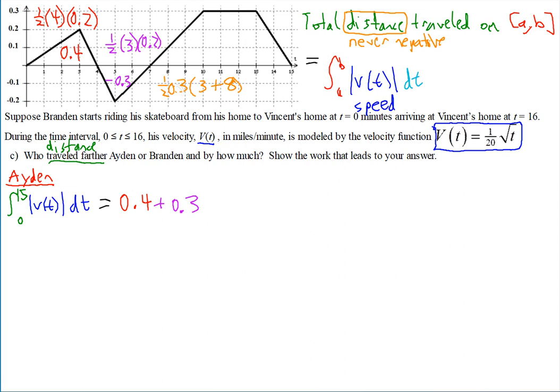So 1/2 times 0.3 is 0.15, and then times 11. Well, you can first just go 11 times 15 is 165, and then move the decimal 2 places. So this one is 1.65, and it's above the t-axis here, so it's positive.